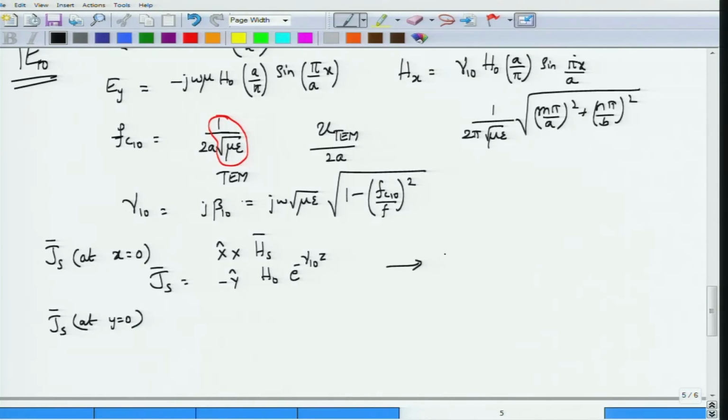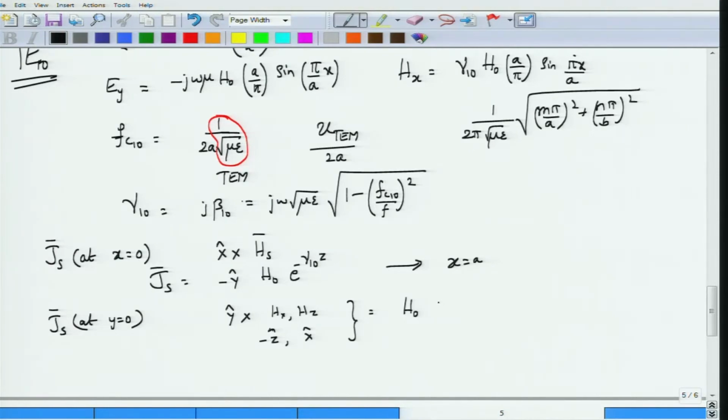For Js it would be the same surface current at x equal to 0 and at x equal to a because of the symmetry, but for y equal to 0 it would be y hat, that would be the normal from the waveguide wall. So y hat cross hx and hz: y cross x will give you a component along minus z direction, and then y cross z will give you a component along x direction. So you will actually get two components for the surface current, and you can evaluate this by taking the appropriate cross product and then substituting y equal to 0 in those expressions.